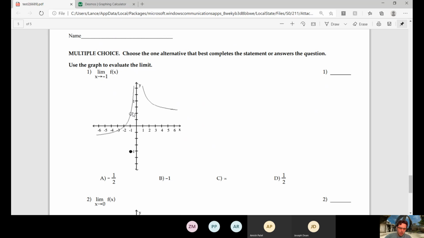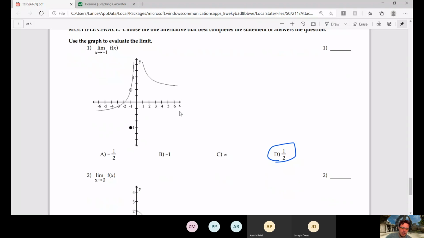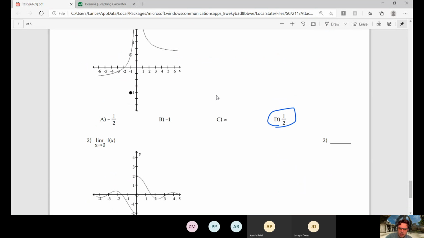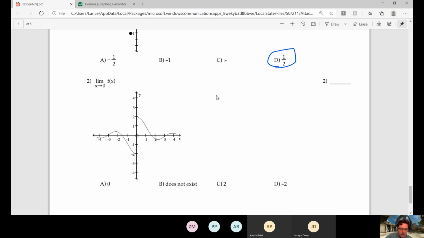But to find the limit, you don't have a left or a right, you have both. So you have to check what x is approaching from the left. I'm assuming 2. What is x approaching from the right? 2. So therefore, oh no, that's 1. That's 1/2. So it's approaching 1/2 from the left and the right. If y'all are confused, please let me know.